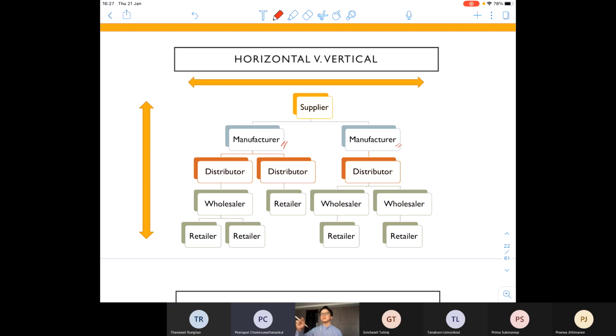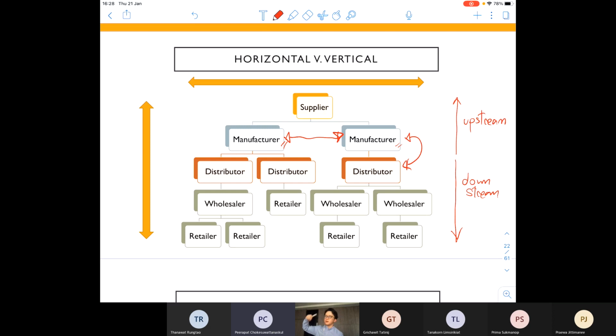That's a horizontal relationship. If you merge, a horizontal merger basically means that these two manufacturers merge with each other, all right? But vertical means that you are dealing along these value chains, right? Sometimes we call this upstream, and going in this direction we call downstream.